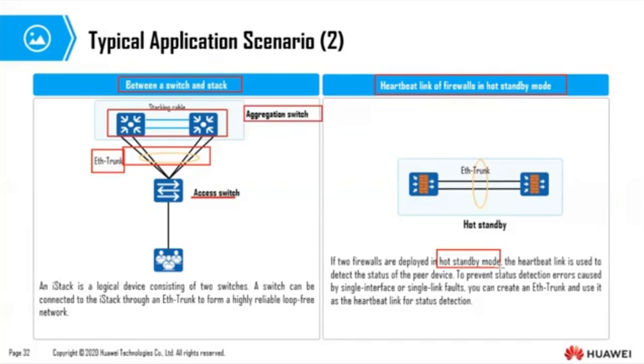So hot standby mode simply means that we are connected together and we are listening to each other. One of us is functioning, the other one is acting as backup. Are we together? So if the one that is working goes down, then the other one is activated.